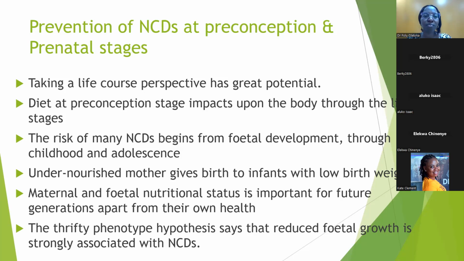This is how powerful nutrition is. And that shows how important prevention at every stage is. So even if you pick a girl of 17, 19, 20, and ensure that that girl is well nourished, you're preventing non-communicable disease in the adult life of the child that that girl will give birth to.